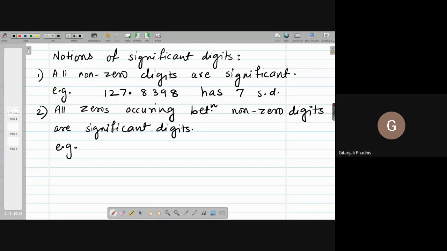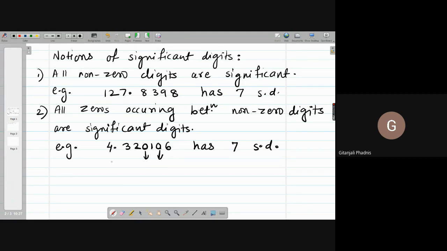For example, 4.320106. Now see, this 0 is occurring between 2 and 1, both are non-zero. This 0 is occurring between 1 and 6, both are non-zero. And that's why both these zeros are significant.